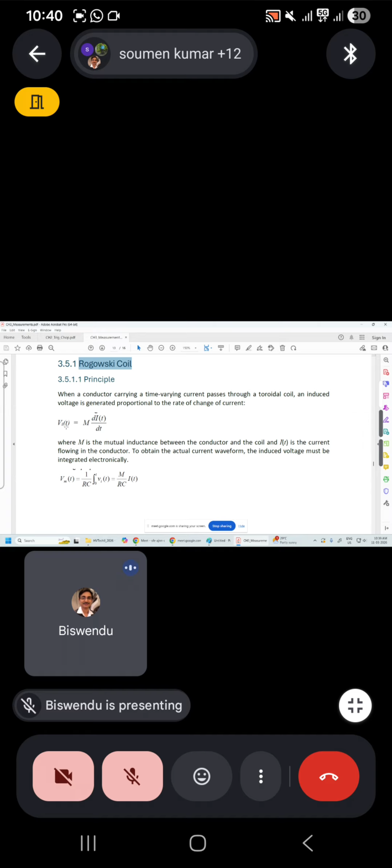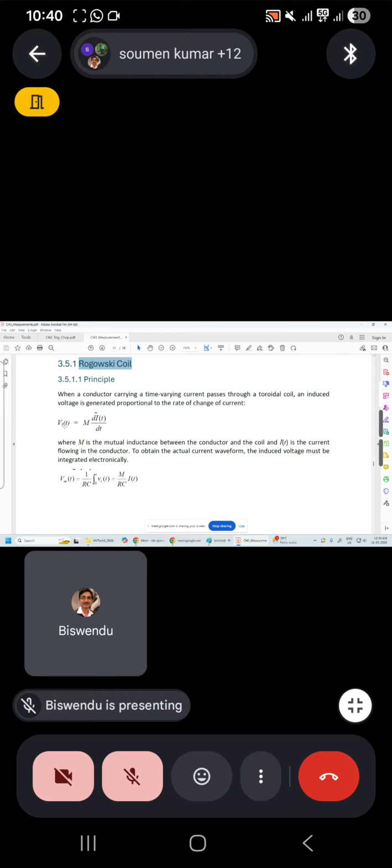And the instantaneous voltage generated is proportional to the rate of change of current with respect to time, provided there is a mutual inductance between the conductor and the coil. So this differential equation, when integrated, will give the current.